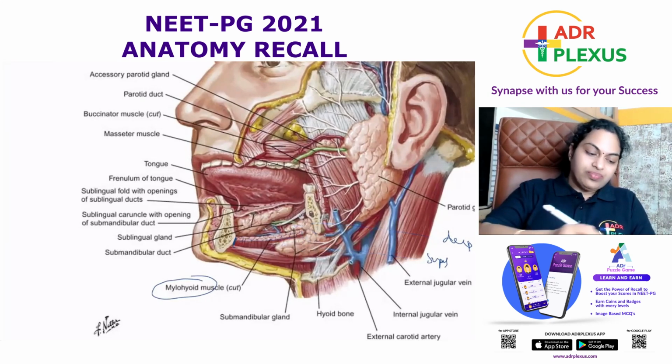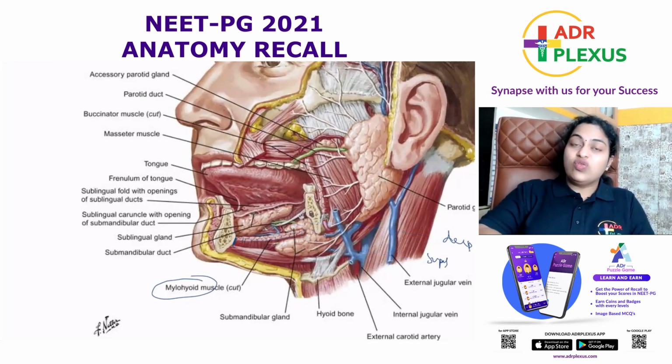So here, the nerve relations of the submandibular gland are important. The inferior surface of the submandibular gland will be related to skin, superficial fascia. What do you have beneath the superficial fascia? Platysma. Platysma, and then the investing layer of deep cervical fascia, submandibular lymph nodes.